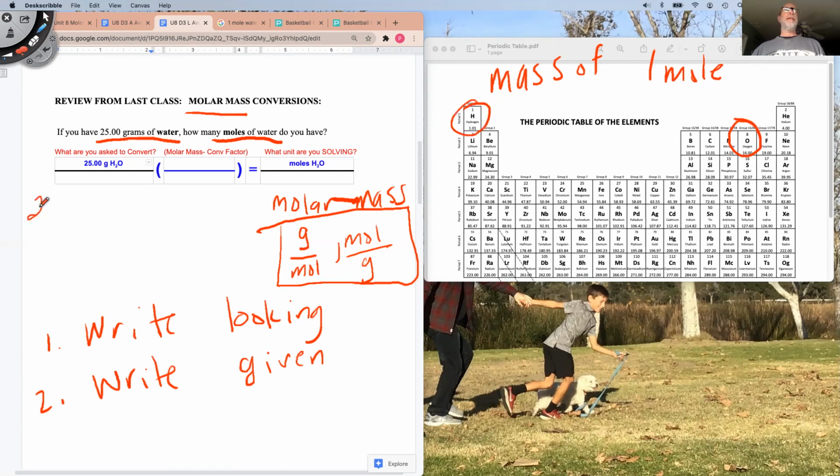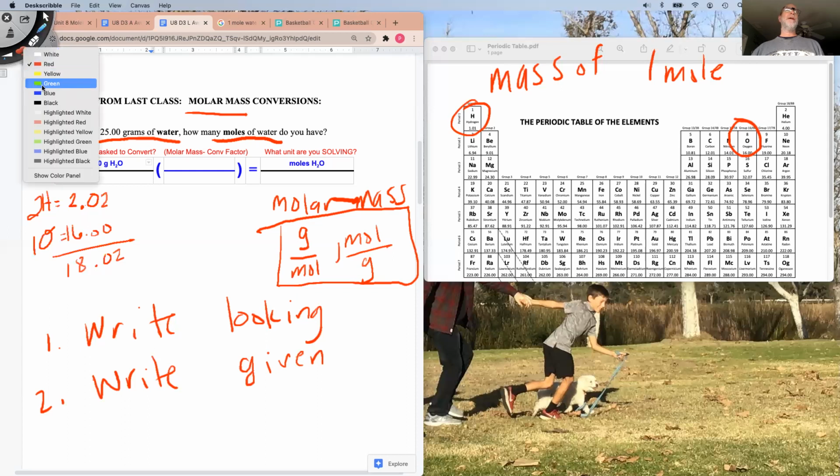We have two hydrogens in H2O, and each hydrogen is worth 1.01. Just because I'm a mathematical genius, I can do 1.01 and 1.01 in my head. One oxygen, because H2O has one oxygen, is going to weigh 16. And again, I don't need a calculator.